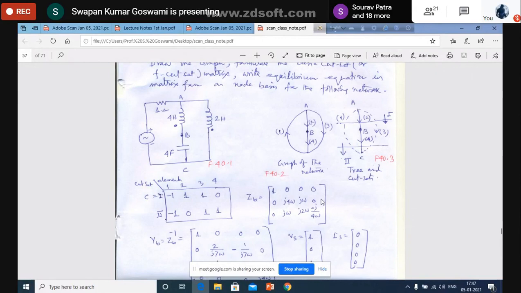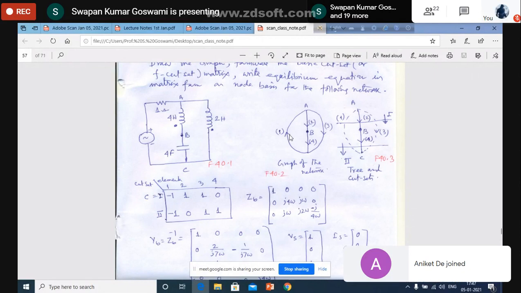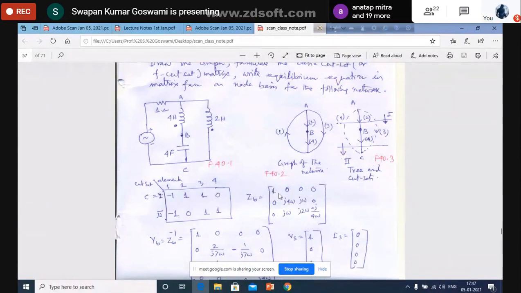Here lies the trick: how to include the mutually coupled element. Now you see that this is the branch to branch impedance matrix. Branch 1 impedance is 1 ohm, and there is no mutual coupling, so the remaining elements are 0.